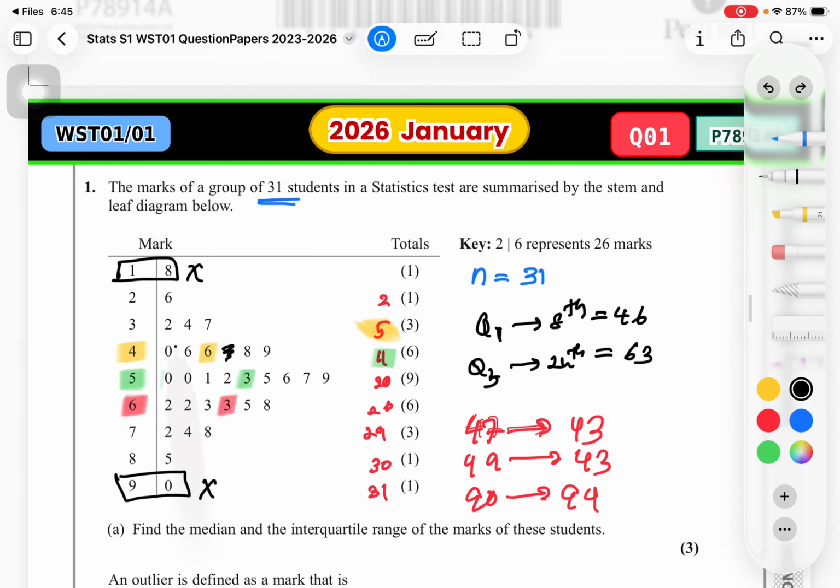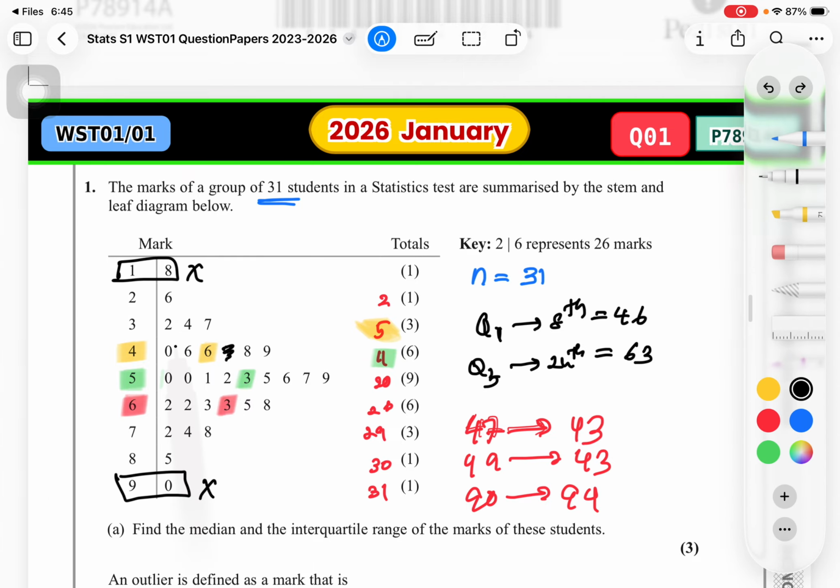So if we check now our 8th entry, this count didn't change. 1, 2, 3, 4, 5, 6, 7, 8. So the new 8th entry is 43. So we can clearly see Q1 is affected. Q1 is going to be 43 now.